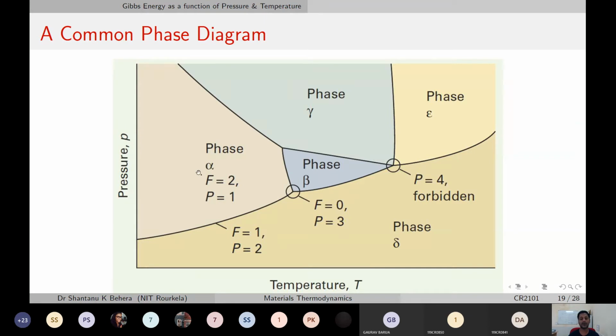Are alpha phase and beta phase just named like this, or is there any particular thing like this will be the alpha phase? What I'm saying is this example is a generic example. Instead of alpha phase, you can have solid here. Gamma phase, you can have a liquid here. Beta phase could be something else. It can be solid, but then a slightly different one.